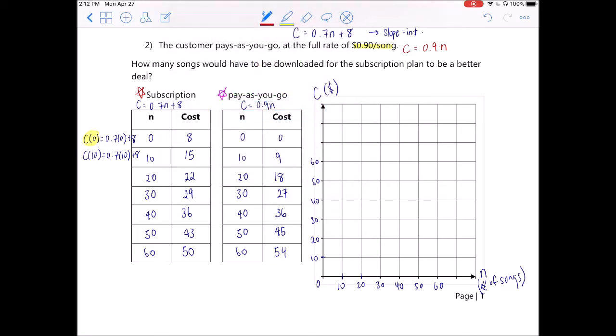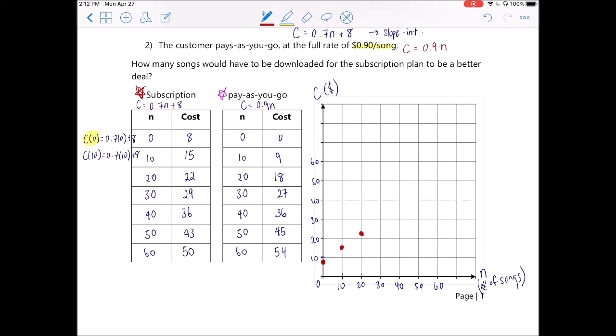Starting with the red one, subscription: when n equals 0, cost is $8. Right here. When n is 10, it's 15, right here, and 20 and 22, and so on.